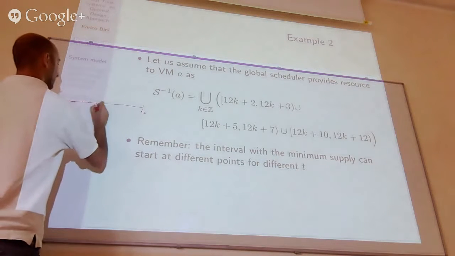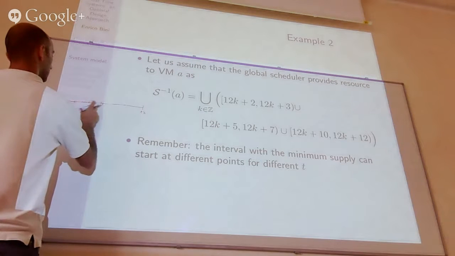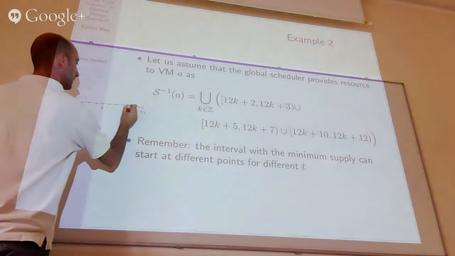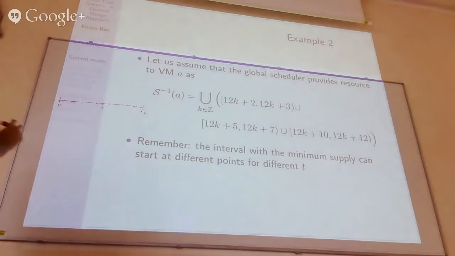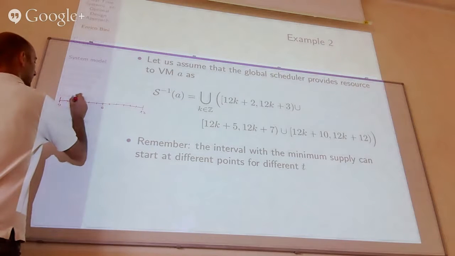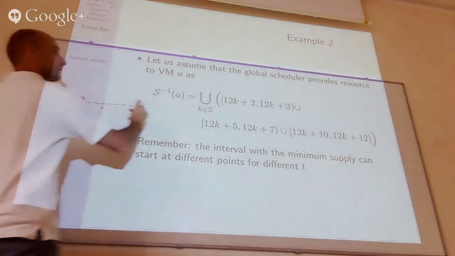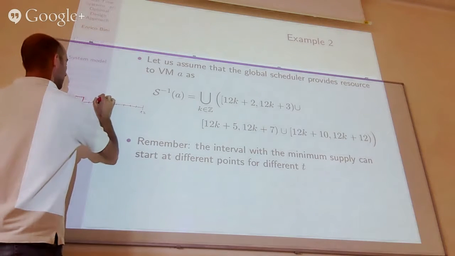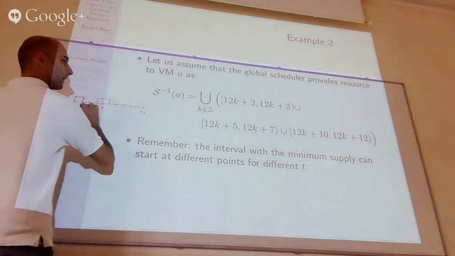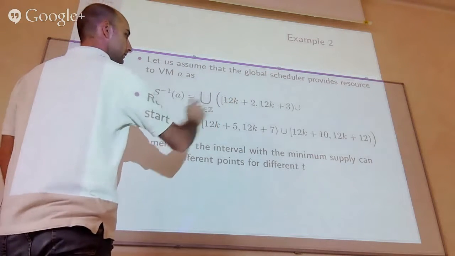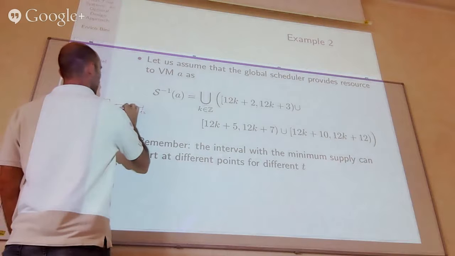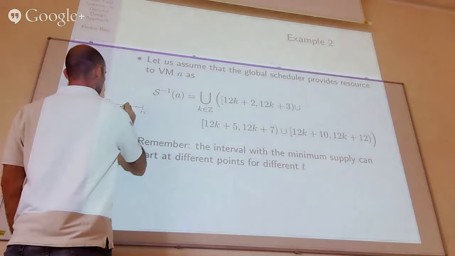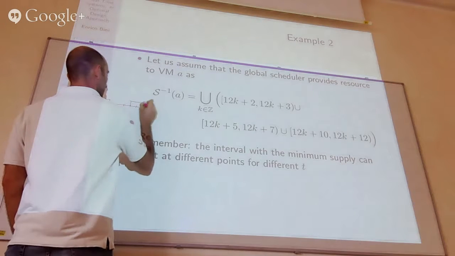Here 6, 9. Okay, so we have resource from 2 to 3, and then resource from 5 to 7, and resource from 10 to 12. So it's 6, 7, 8, 9, 10. And then it repeats.